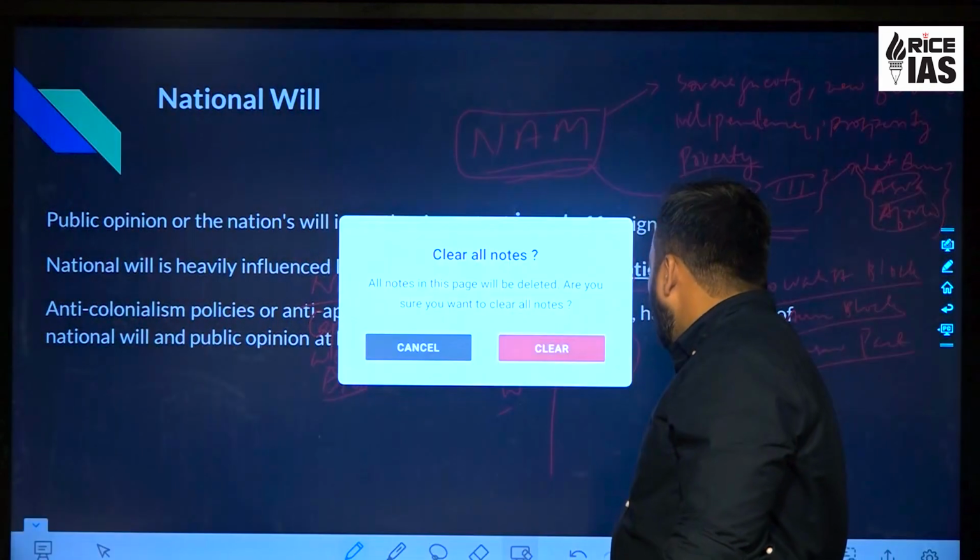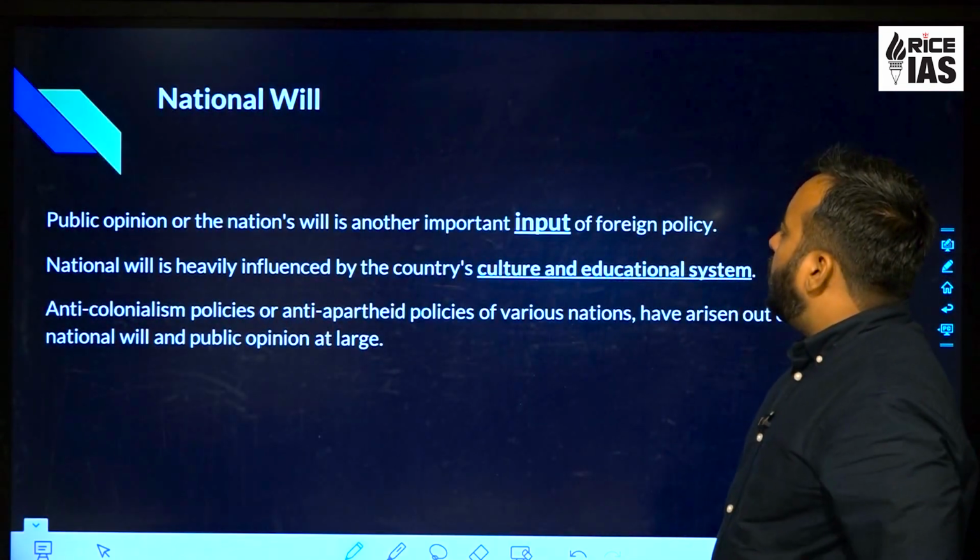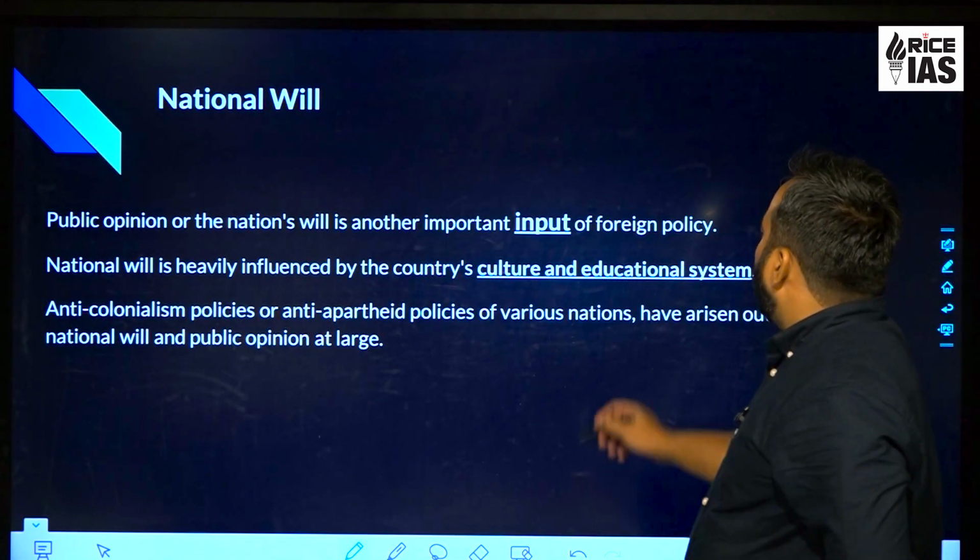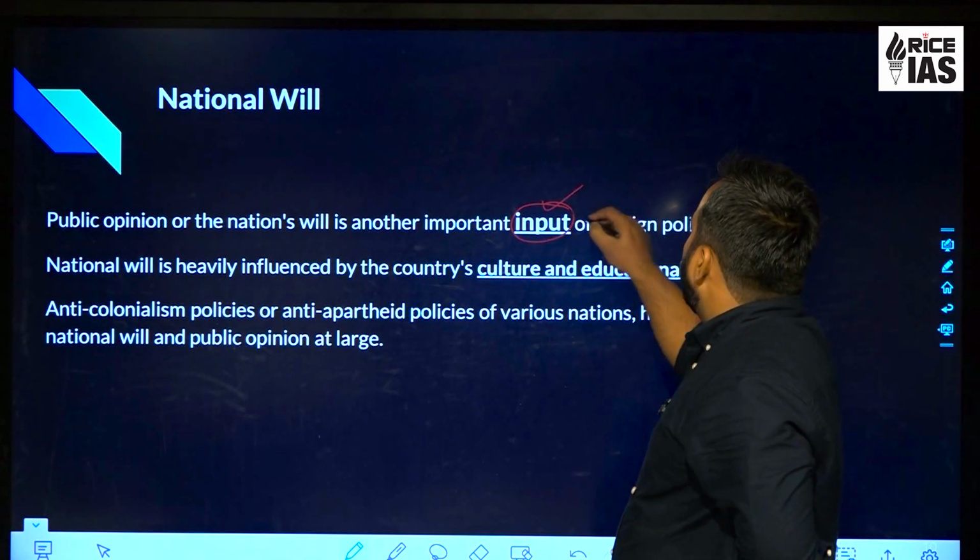National will. National will is one of the most important inputs of foreign policy.